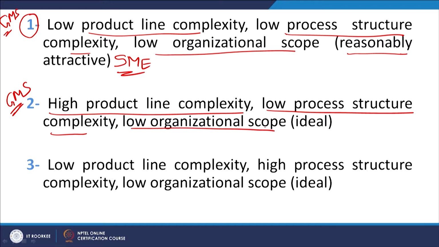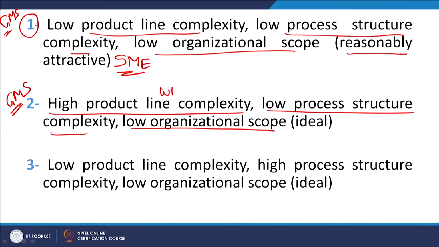The meaning is that when you have high product line complexity, it means you are offering wide variety, and wide variety is only possible when you have discontinuous processes. Like you take the example of our job shops.